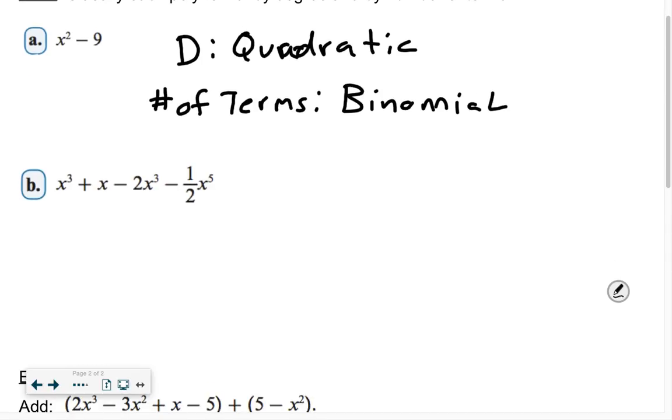What about B? What's our highest degree? 5. Yes. Degree is 5, so if we go back to a chart, degree of 5 meant that it was called a quintic.